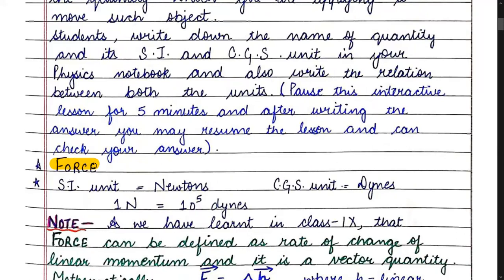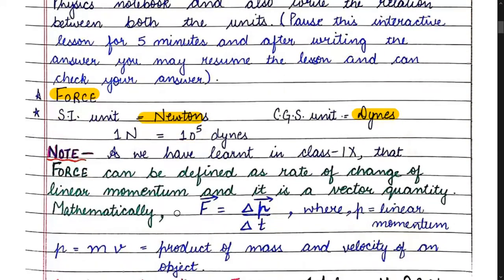The SI unit of force is newtons, while the CGS unit is dynes. Children, we studied about force in class 9th also. So the SI unit of force is newtons, while the CGS unit of force is dynes, and 1 newton is equal to 10 raised to power 5 dynes.